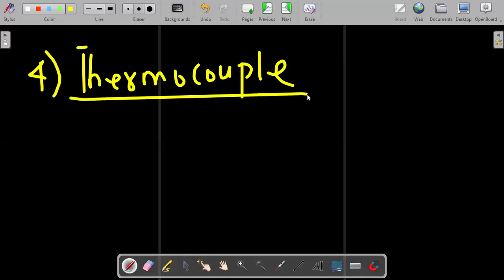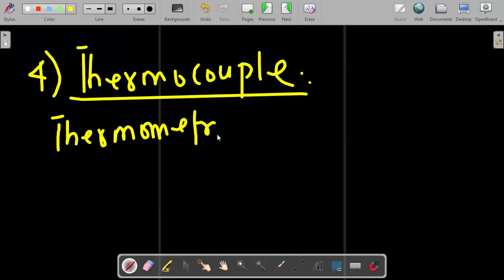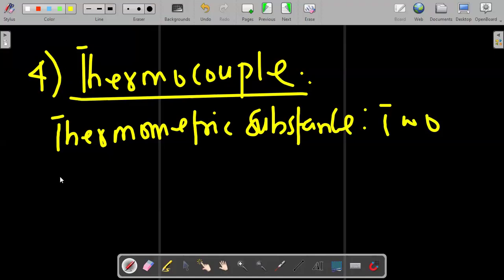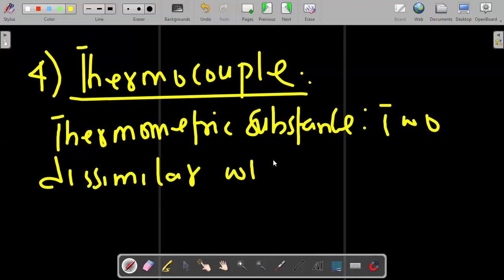Thermocouple operates with two dissimilar wires. The thermometric substance is two dissimilar wires.